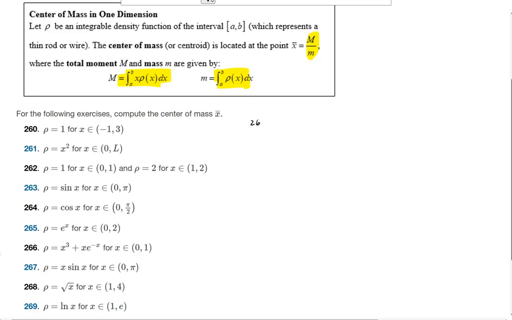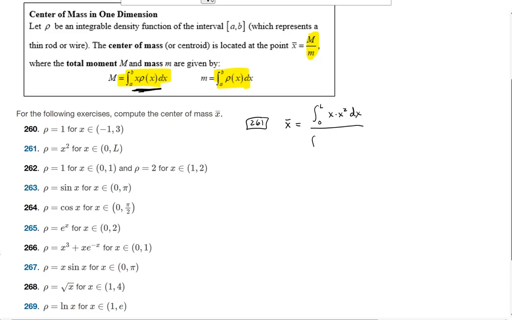So, for example, with 261, we have a rho function of x squared. So we want to find x bar, which is going to be the integral from 0 to L of x times x squared dx, right? We're doing this right here, where x squared is rho of x.